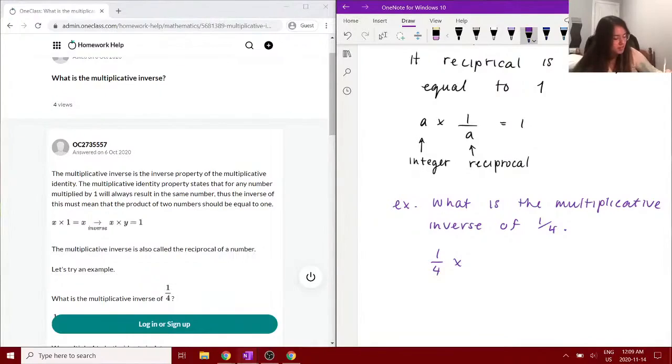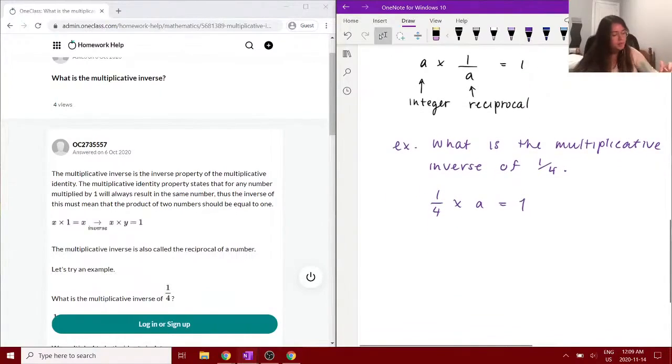I don't want you to get confused. So we have 1 over 4 times a is equal to 1, because we know that the regular integer and the multiplicative inverse, when they're multiplied, the product is always 1. So now we have to find what a is, or the multiplicative inverse.